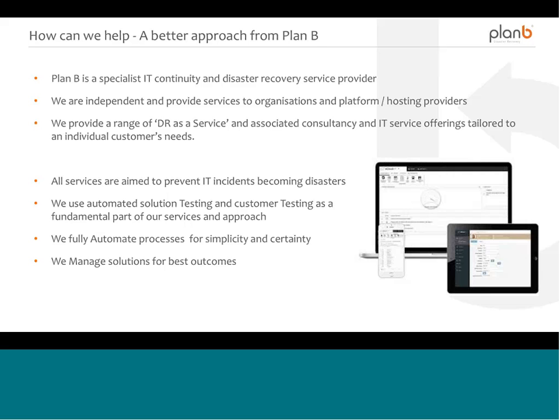We provide services to individual organizations directly for their internal IT, but equally we provide services not only to customers who have outsourced hosting, but also customers who use SaaS platforms where we provide recovery solutions for their individual part of that SaaS platform. Equally, I should say, we provide services to SaaS providers directly who outsource their DR to us as a way of being able to maintain a service to their customers.